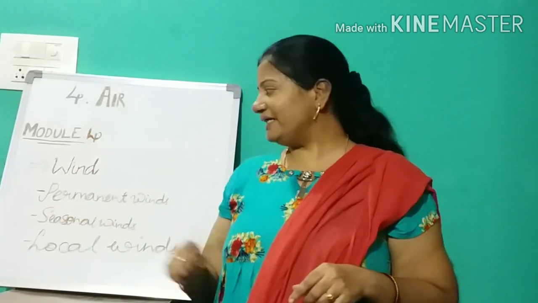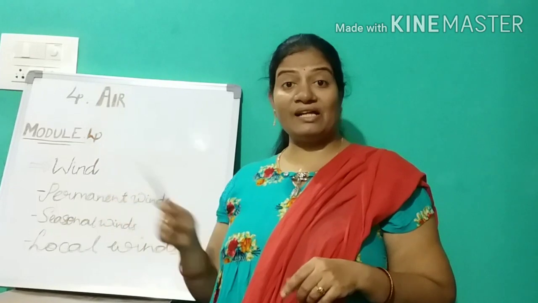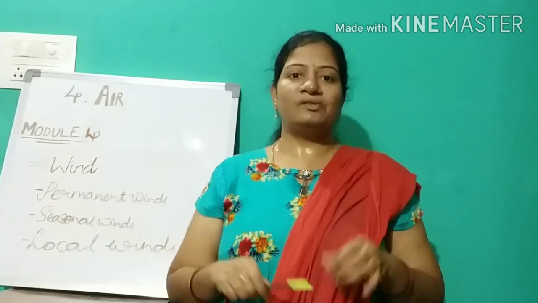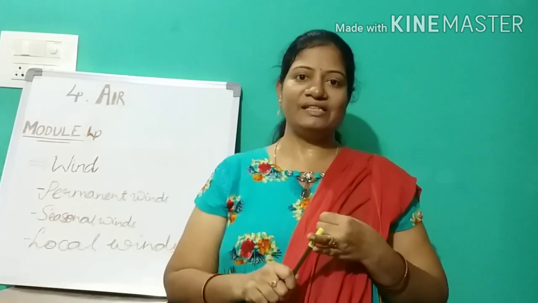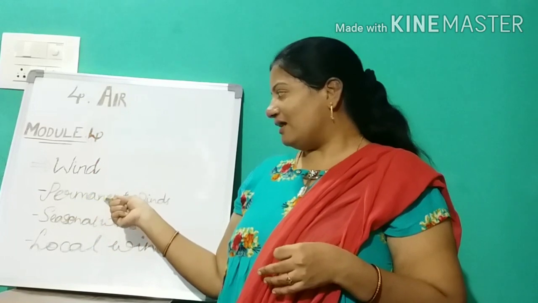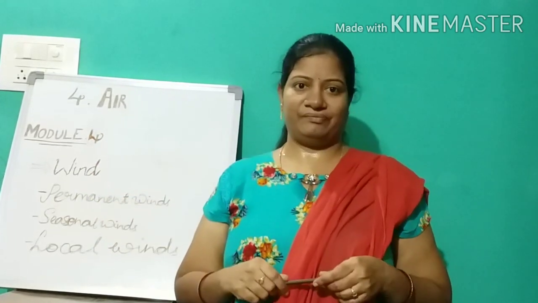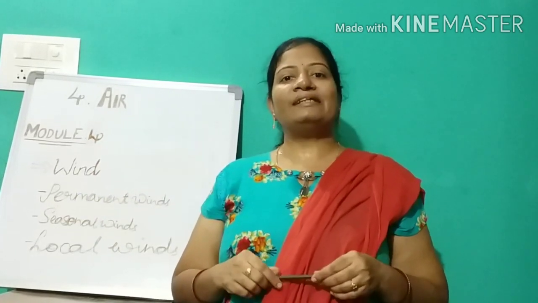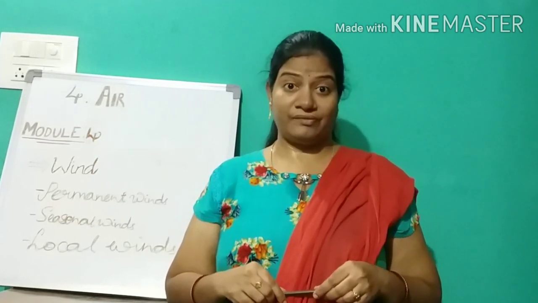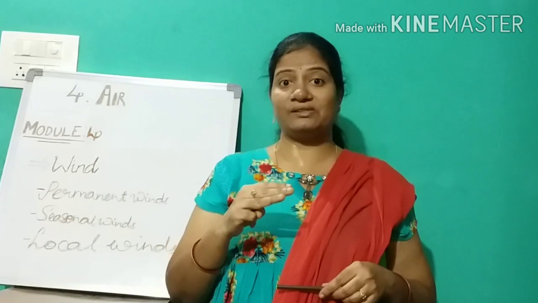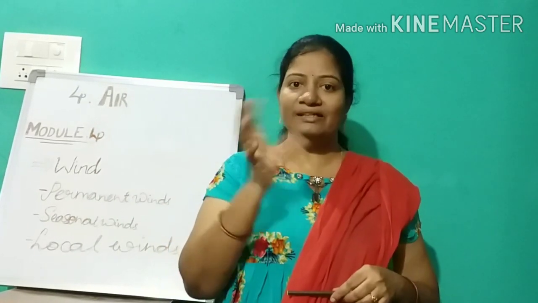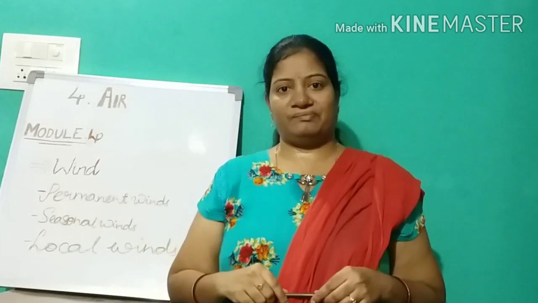In the permanent winds also we have 3 types: trade winds, westerlies and polar winds. The first one is trade winds. Based on the pressure belts, all 3 types are permanent winds only, but in different zones.